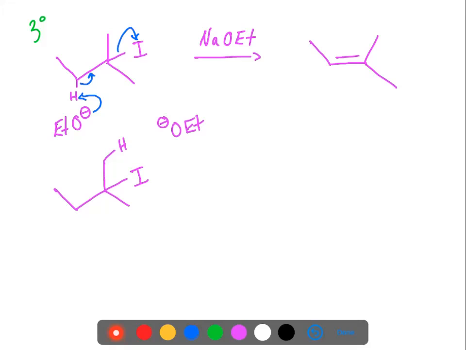We could have deprotonation from this position, although this will be a minor product. So we can have different regioisomers associated with this reaction, but the major product will be the trisubstituted alkene.